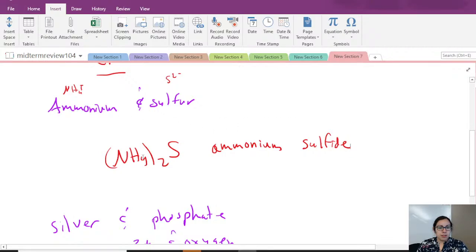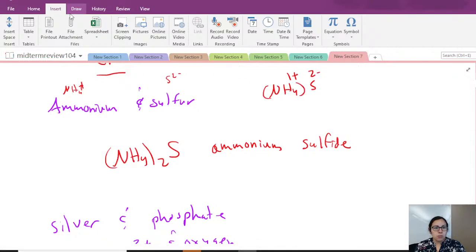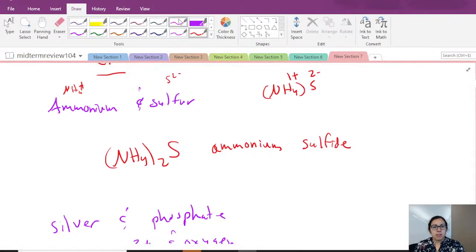Any questions about that? Good job specifying the parentheses around the whole thing, so that was a trick on your quiz. How do we know to put the two right there? There are a couple of ways to look at it. You can write the balance of charges. We have a +1 charge on the ammonium, and sulfur, from the periodic table, is in group 6, so it's -2. So we could do the swap trick, which is the easiest.